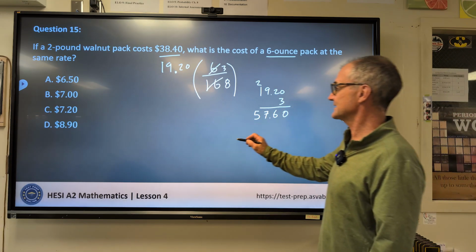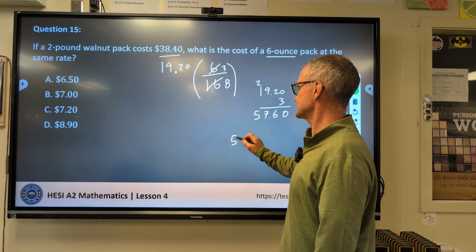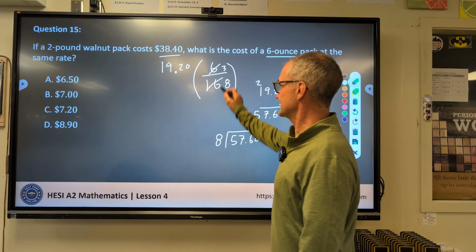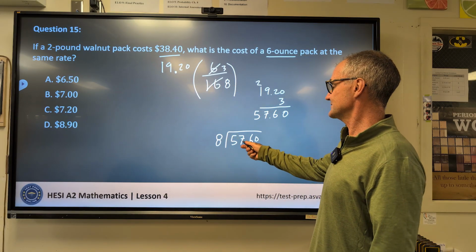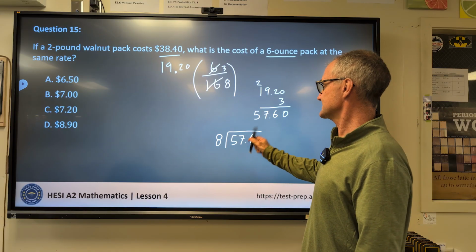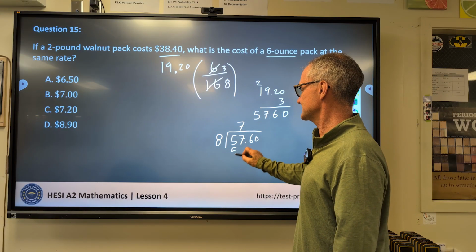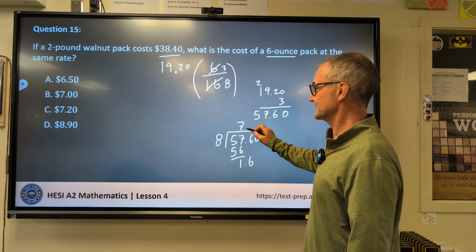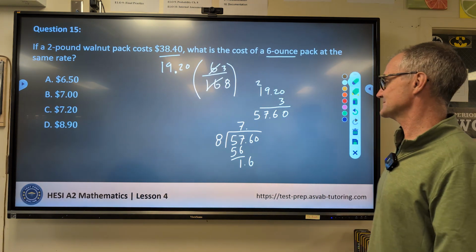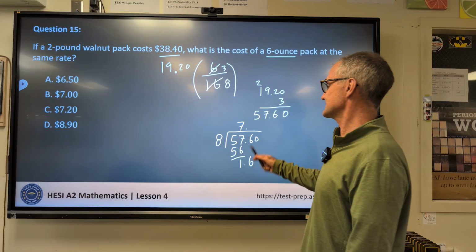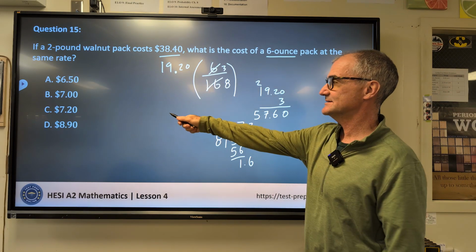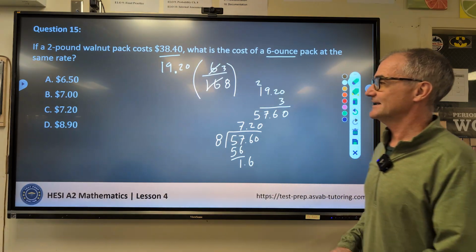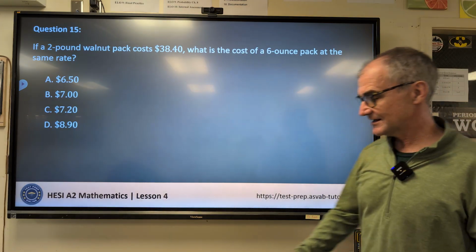Then I'm going to divide that 5760 by 8. 8 goes into here 7 times to get 56. 1.6. See if I can figure it out there. There's still 2 possible answers. 8 goes into 16 twice, so I could see it has to be the 720. So correct answer, answer C right there, $7.20.